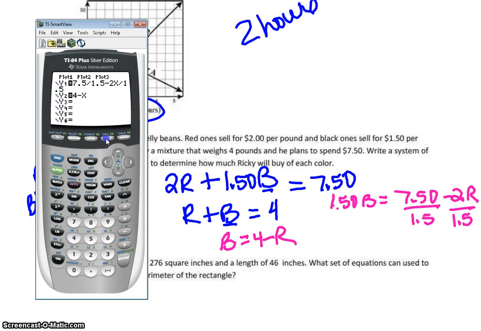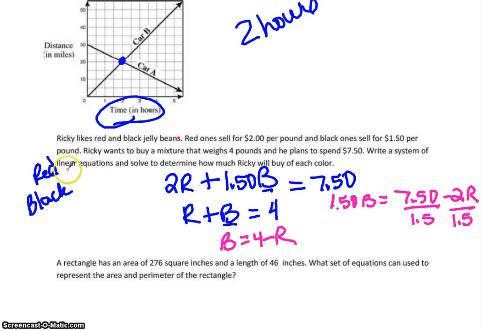So then you would go second calc number 5 for intersect. Give it time to draw. Enter, enter, enter. And x, which is actually r, is 3, and y is 1. So x, which was r, was 3, and y, which was b, was 1. There's your answer.